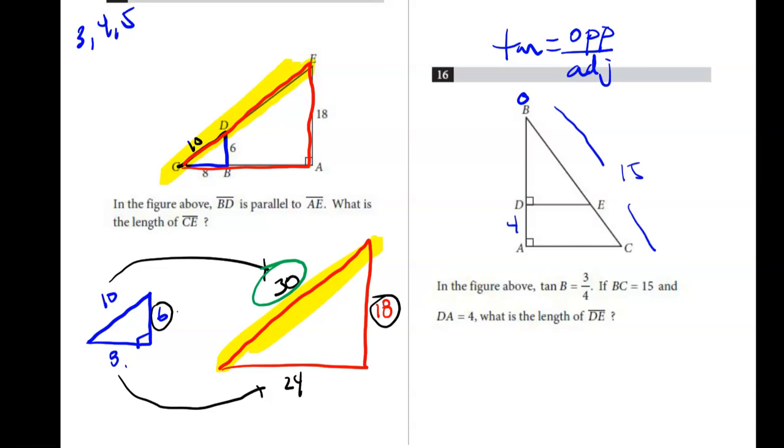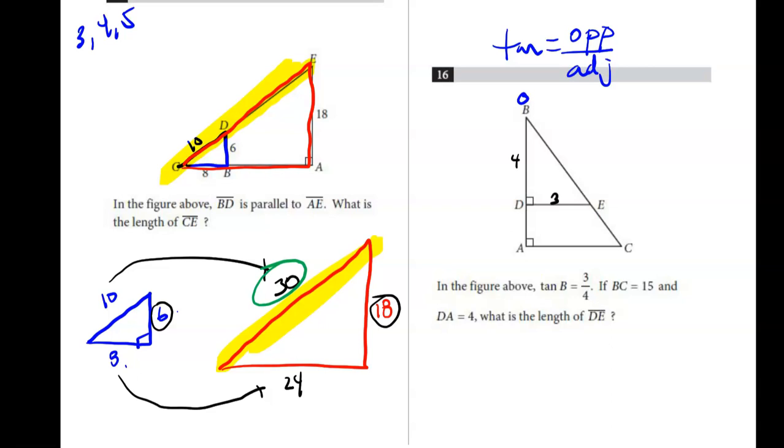Well, let's see what we can do here. I'm going to start off with the clue about the tangent of B being 3 to 4. So we have a ratio of 3 to 4.